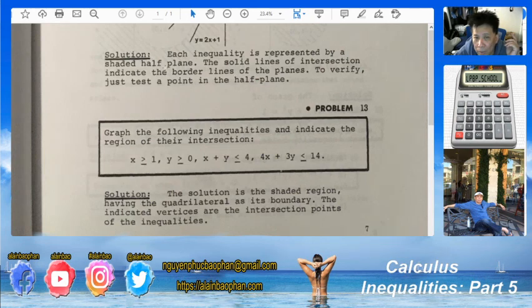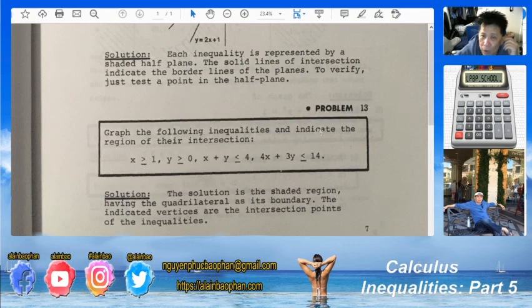Let's name the quadrants: the first one is the first quarter, this one the second quarter, the third one the third quarter right here, and the fourth quarter right here. So the intersection of x greater than or equal 1 and y greater than or equal 0 is right here.